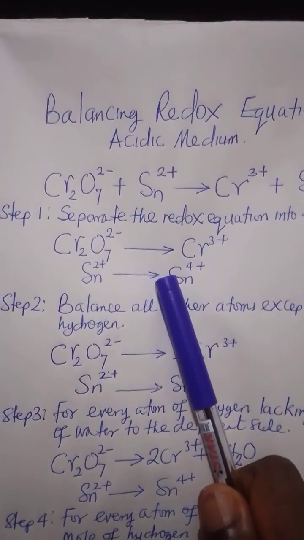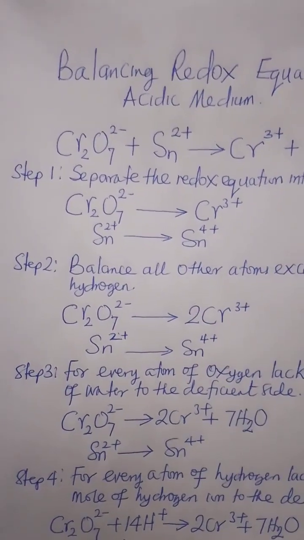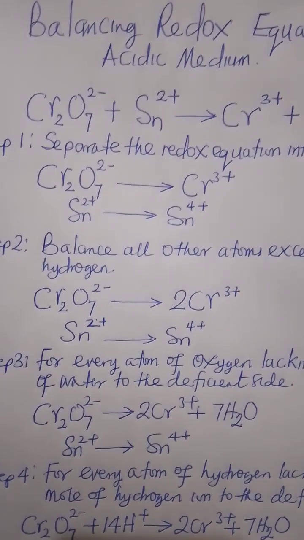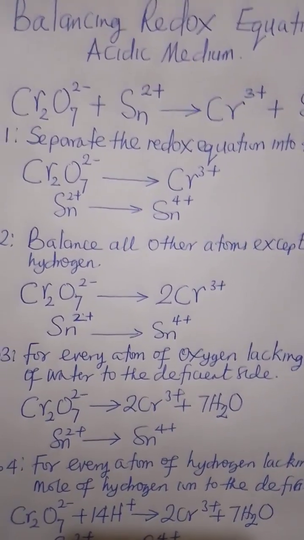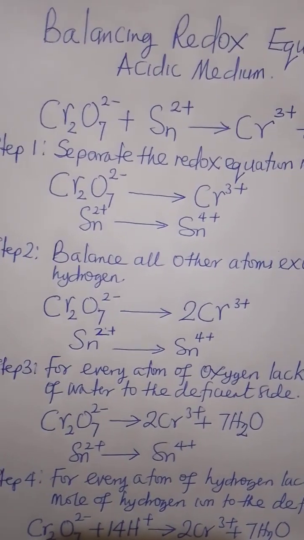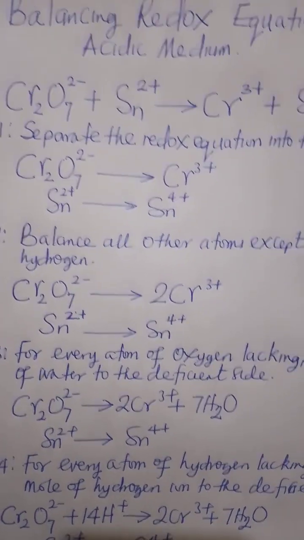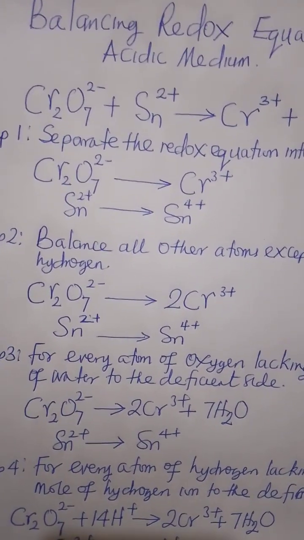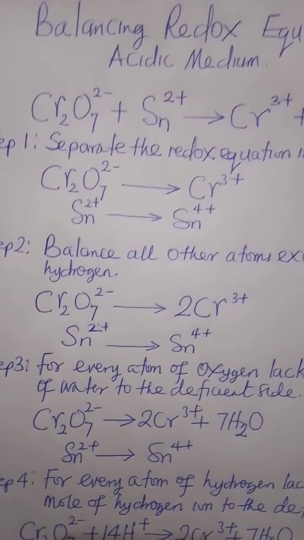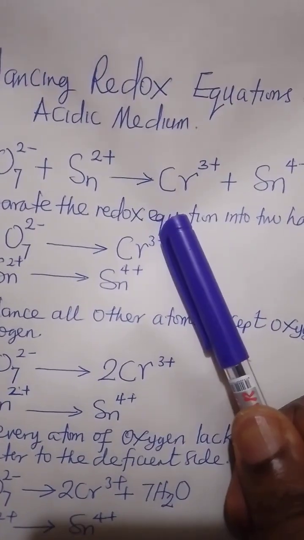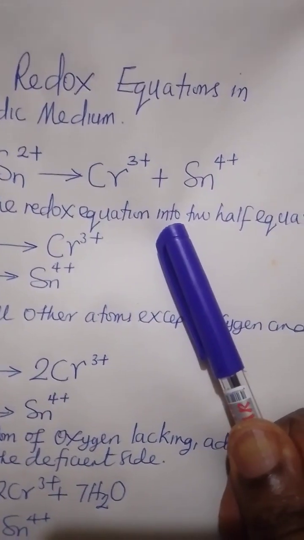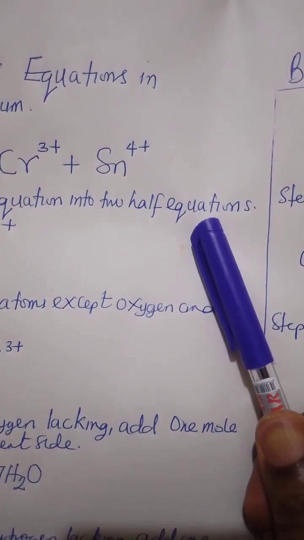Now we're going to go through a number of steps in order to balance this redox equation. I would like you to take note of each of the steps so that when you want to do yours, it will be easy for you to carry out. Step number 1. Separate the redox equation into two half equations.